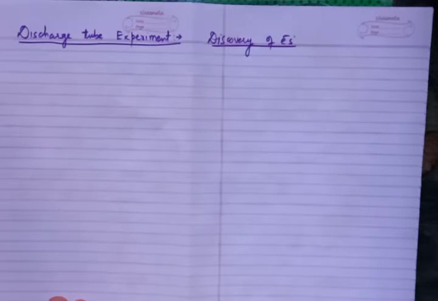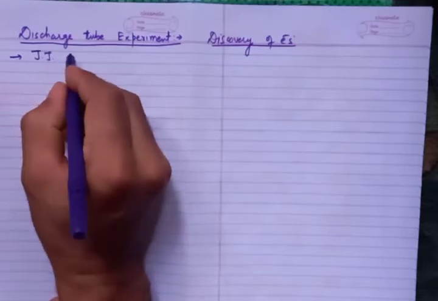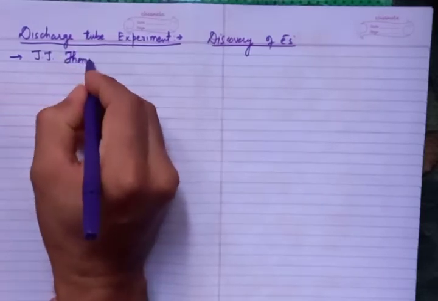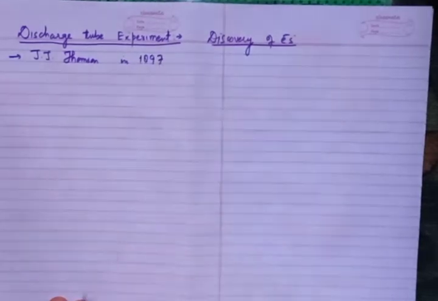The discovery of electrons was shown by J.J. Thomson in 1897 through the famous experiment called the discharge tube experiment.